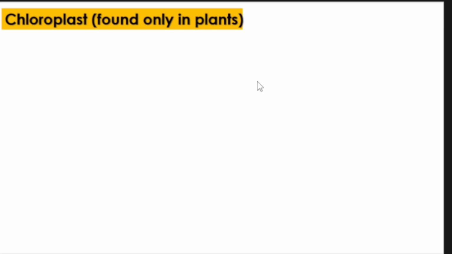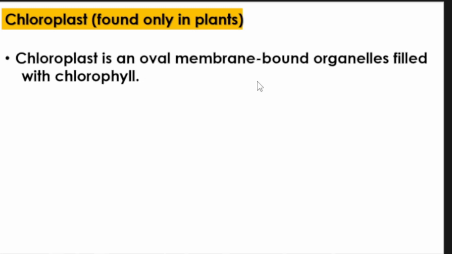It is oval in shape, bound by a membrane, and contains a substance called chlorophyll. Its function is to offer a site where photosynthesis takes place.